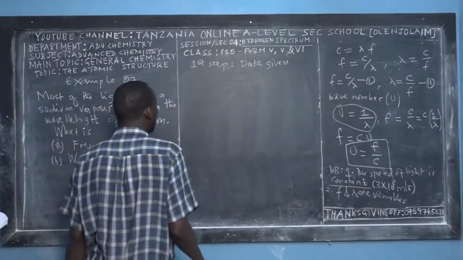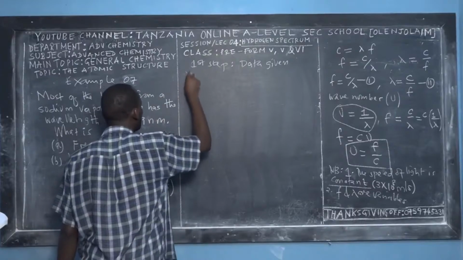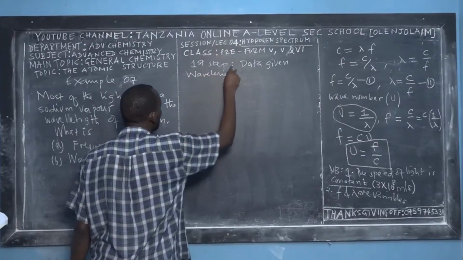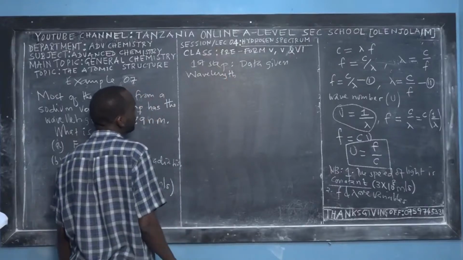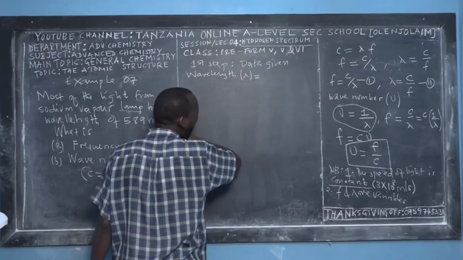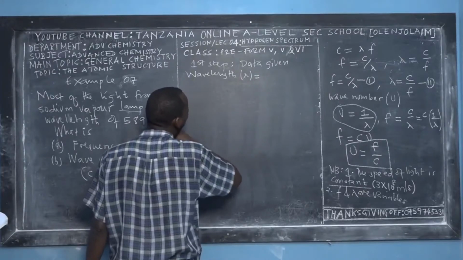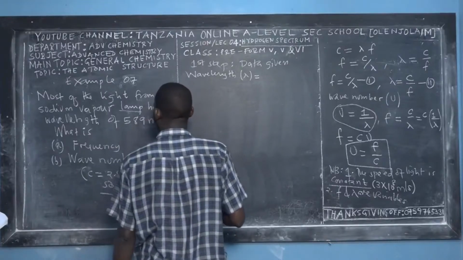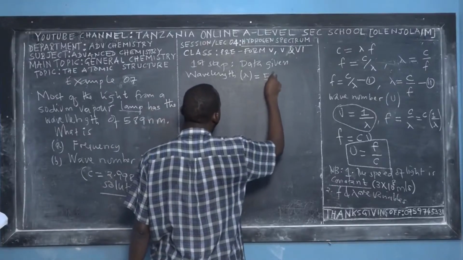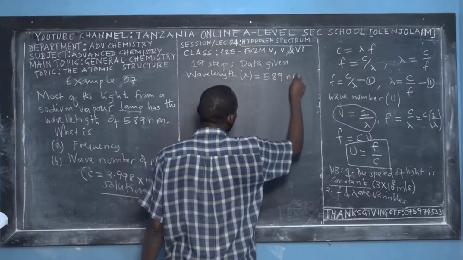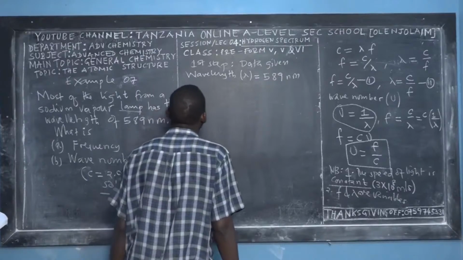The first piece of information is the wavelength, 589 nanometers.